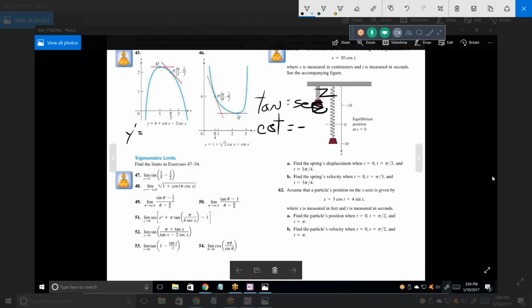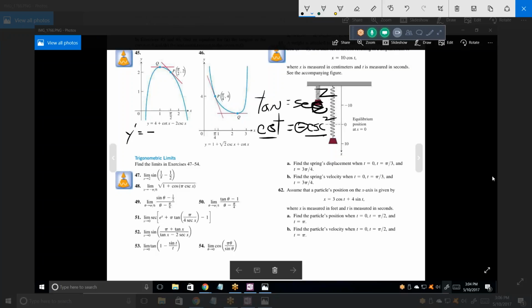So first of all, it's negative. And then what's the cofunction of secant? Cosecant. So it looks very similar. It's just the cofunction, and a negative sign because it's the cofunction.